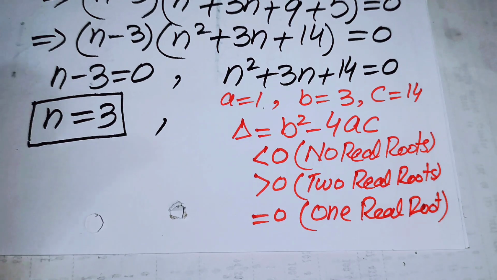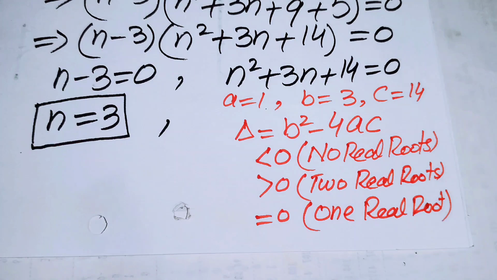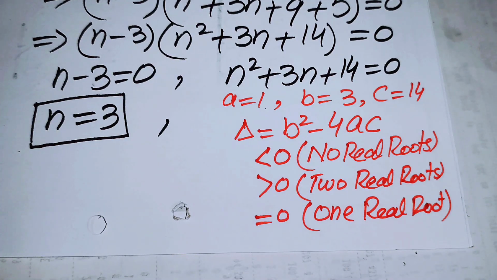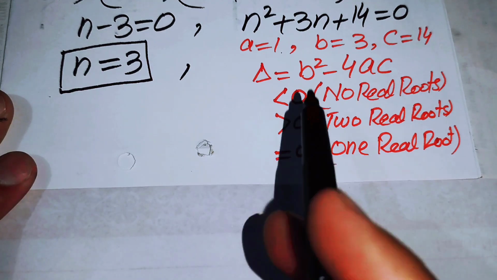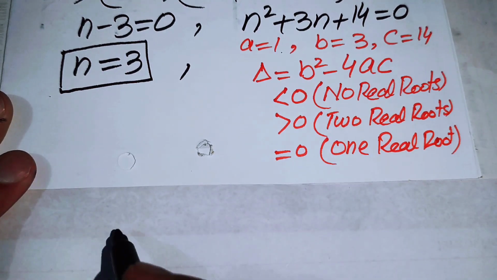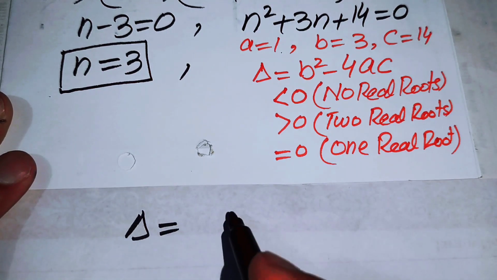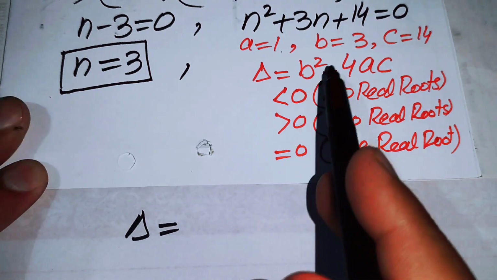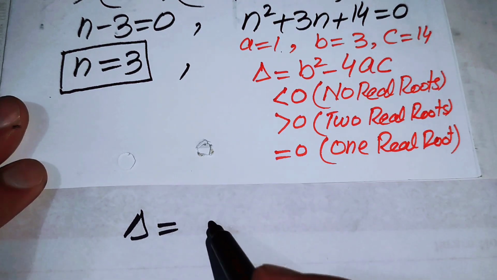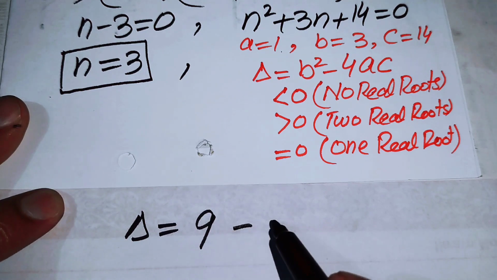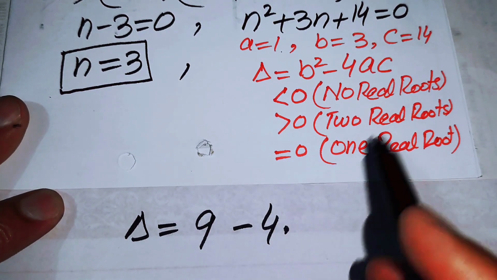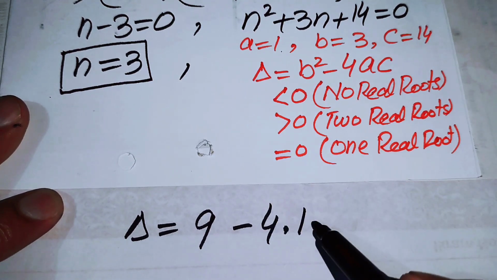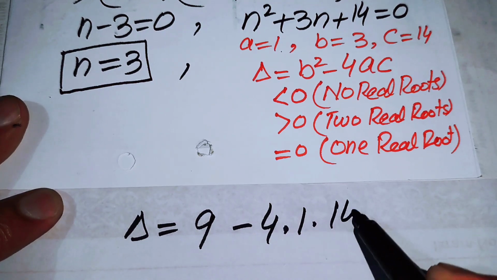Now we will check the behavior of this quadratic equation by putting the values of a, b and c in the delta. So delta is equal to b square, the value of b is 3, so 3 square is 9, minus 4 times a and c, the value of a is 1, the value of c is 14.